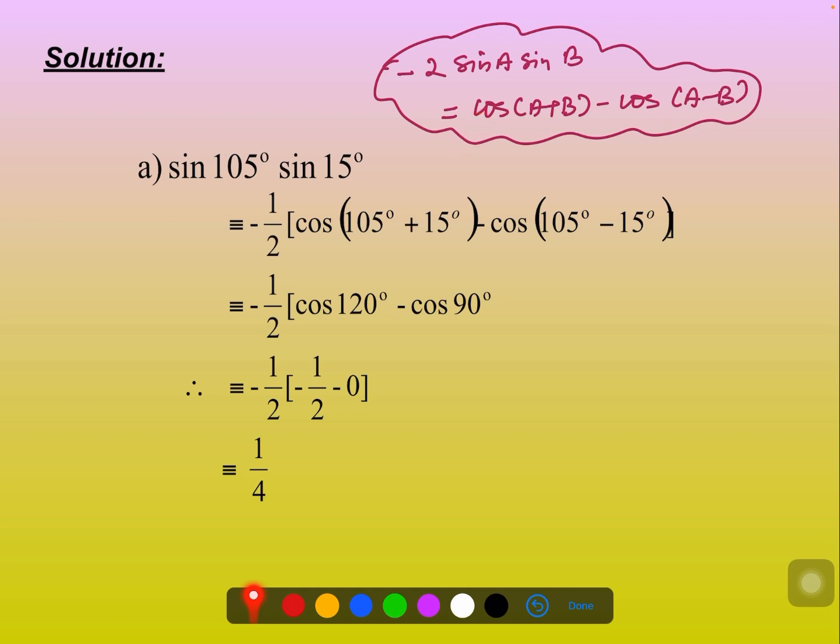So we have minus half cos (A plus B), so cos 120, and then minus cos (105 minus 15), we have cos 90.